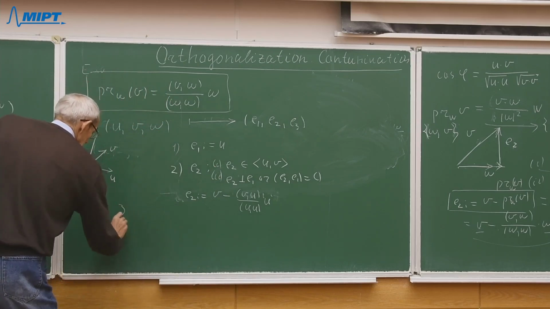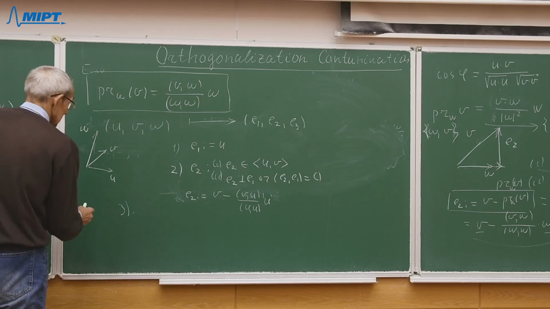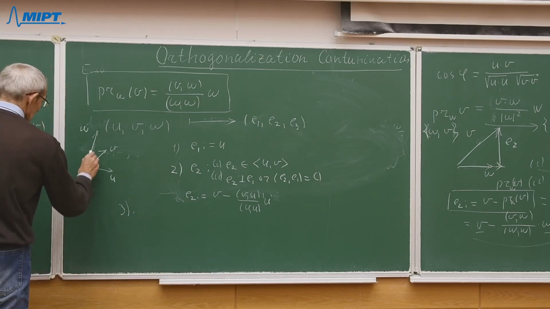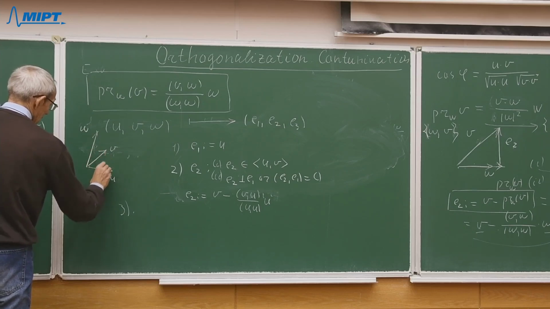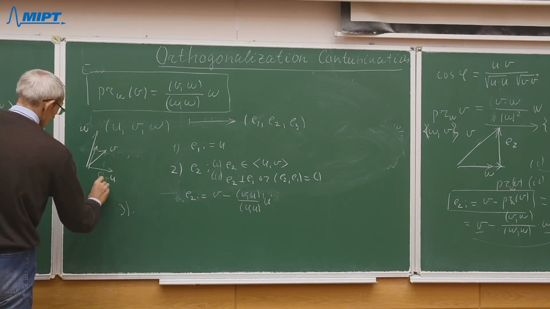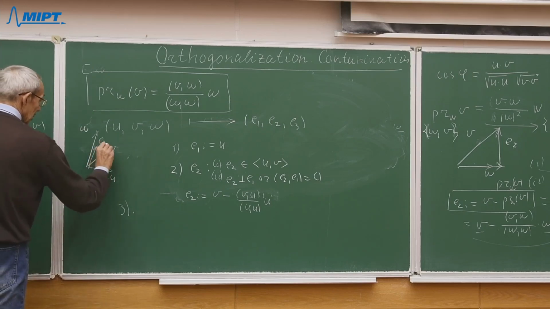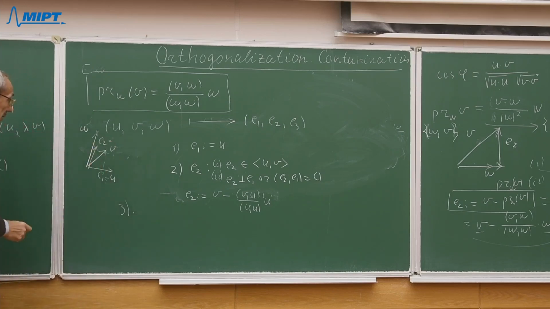And third step, we construct the vector e3. We have e1 equal to u, and e2 is the vector which belongs to the linear span of the vectors u and v, and this vector is orthogonal to the vector e1.